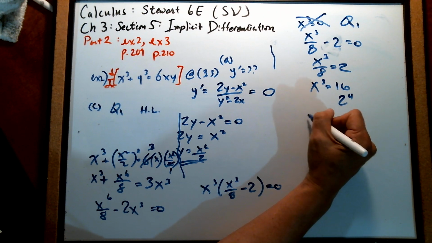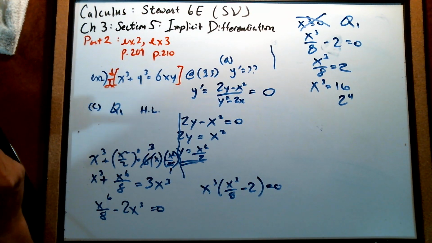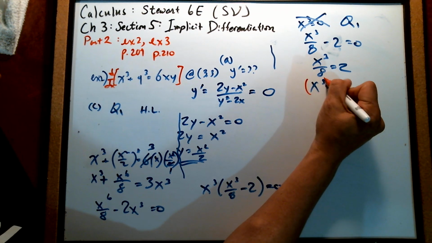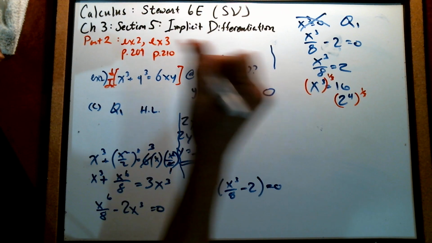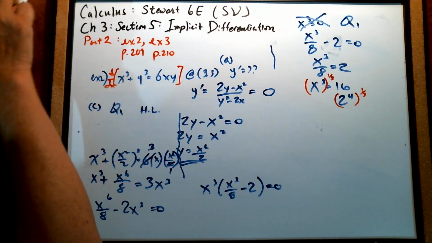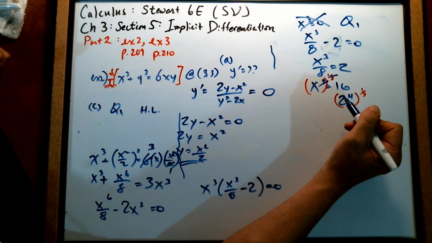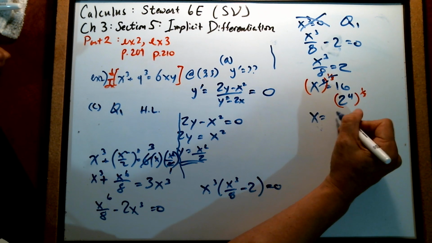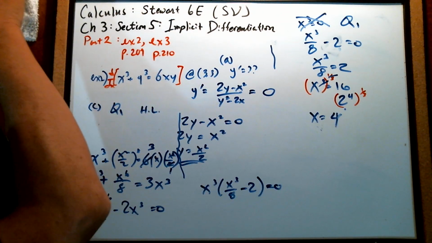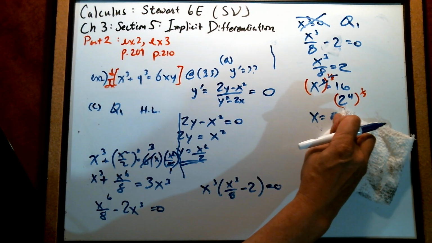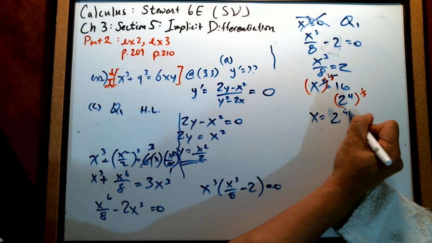So solving for x, instead of cube rooting it, we're going to raise it to the 1/3 power. It's the same thing as cube rooting, right? So as a result, the cubed and 1/3 cancel. Their inverse operation. x equals 2 to the 4/3 power, made a simple mistake there.